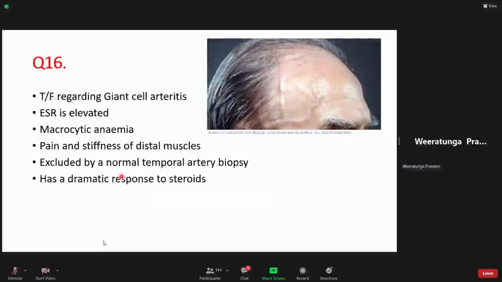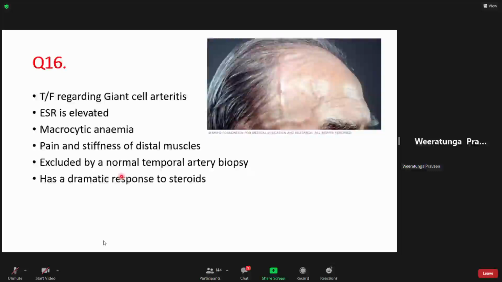How you diagnose it: there is inflammation and occlusion of the temporal arteries, so you can measure the flow with a Doppler of the temporal arteries, and you can also do a temporal artery biopsy. So age more than 60, ESR more than 60, temporal headache, and you can do a Doppler ultrasound and a temporal artery biopsy for diagnosis.